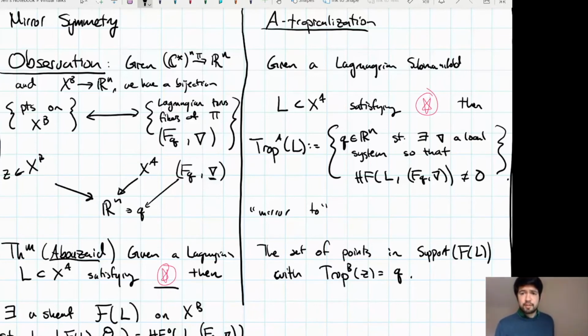I compute their Lagrangian intersection Floer cohomologies against L, and I see where they do not vanish, and I define that to be the tropicalization.